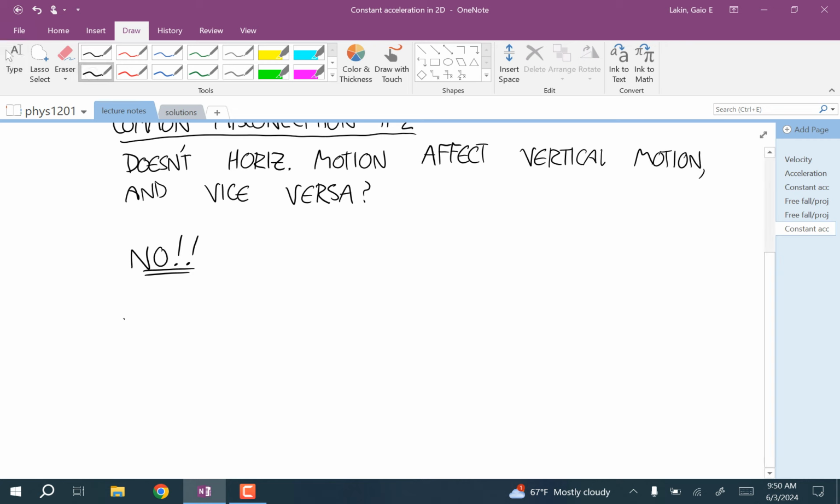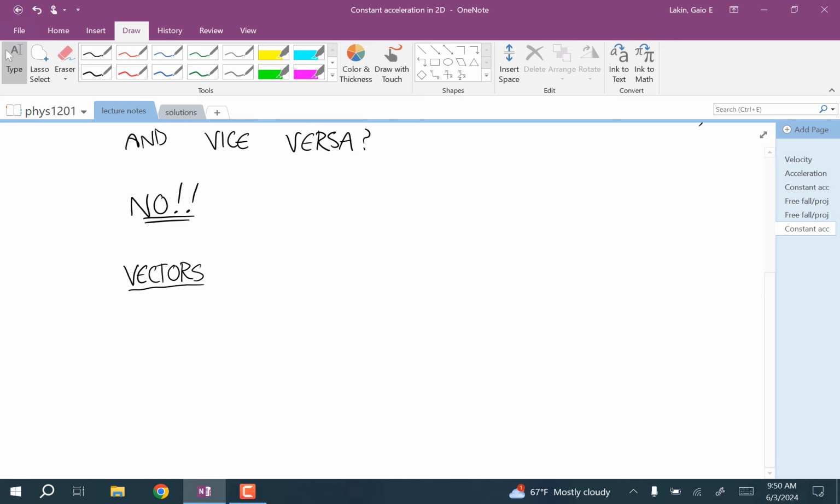And in order to do that, I have to introduce the idea of vectors. And you can think of a vector, so every position, velocity, and acceleration, you can think of it as an arrow in space. And this arrow has two properties.